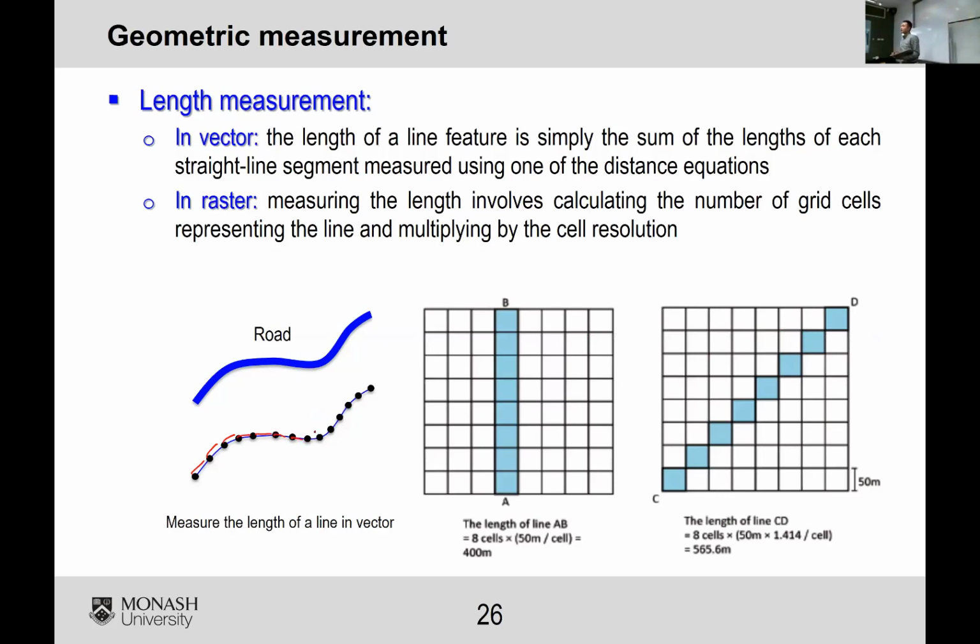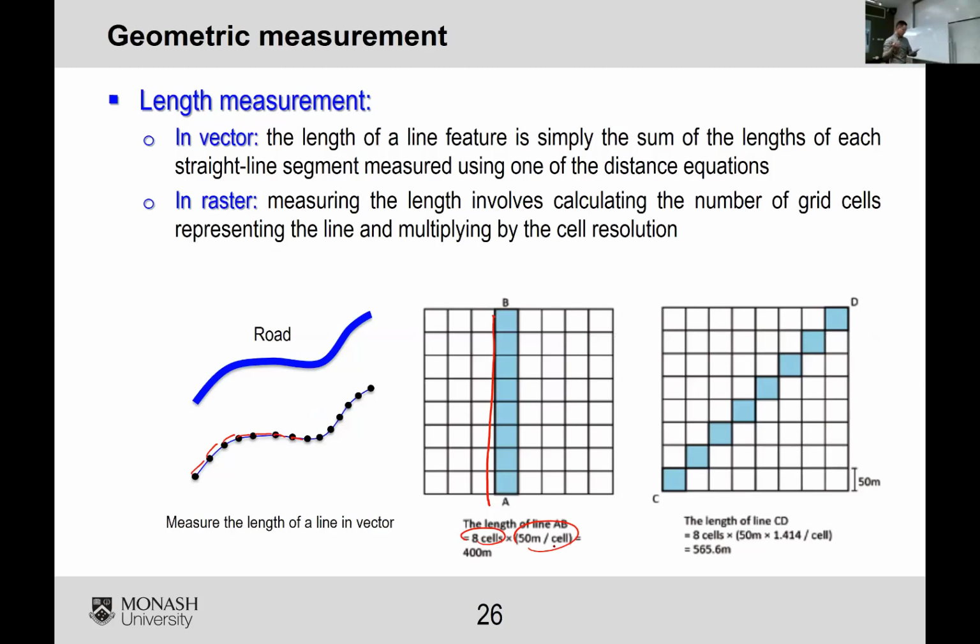In raster data, it's calculated based on the number of cells and the cell resolution. If it's a straight vertical line, we can just get the length by multiplying the number of cells and the cell resolution, right?